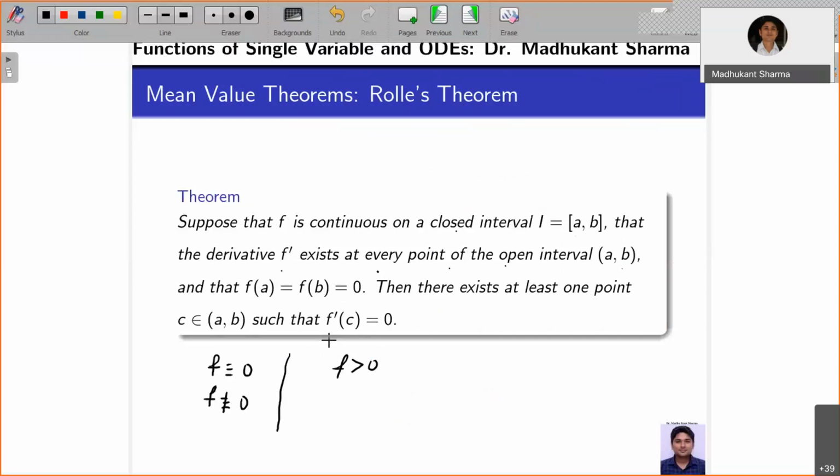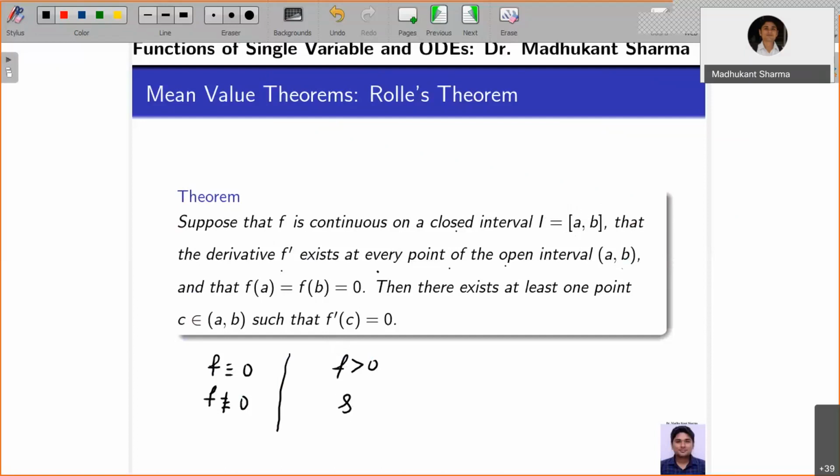Now see, f is continuous on a closed interval I. Then the boundedness theorem and maximum-minimum theorem tell you that the function attains its bounds, and the supremum and infimum of that set do exist.